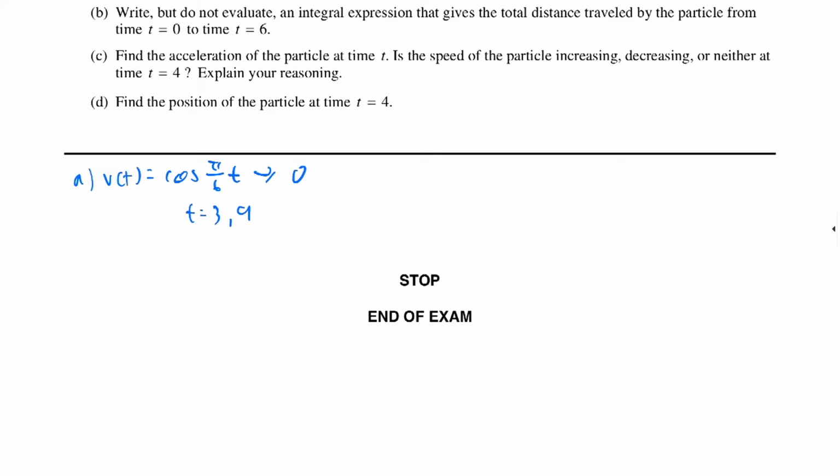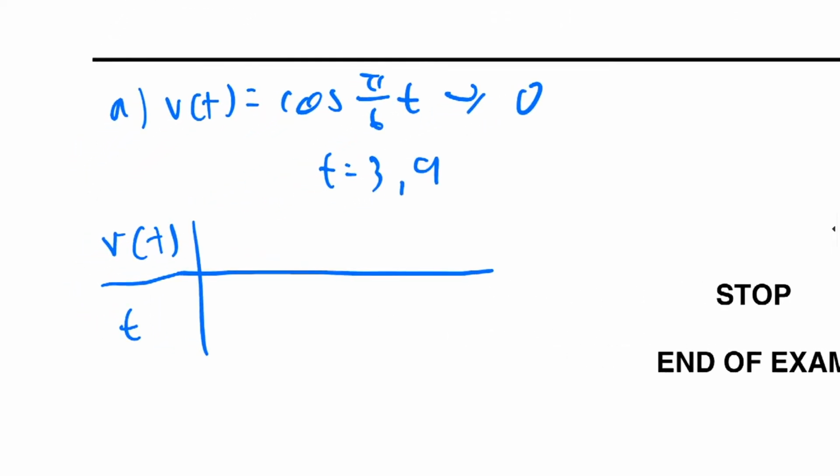Now let's make a sign chart to find out on what intervals things are increasing or decreasing. We have 3, we have 9, and then obviously a maximum of 12. We can't go past 12. Let's plug in 0, to the left of 3. Cosine of 0 is 1, so this entire interval is positive. For the interval from 3 to 9, let's plug in 4.